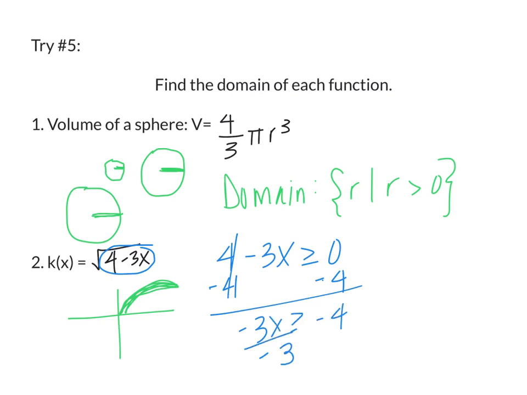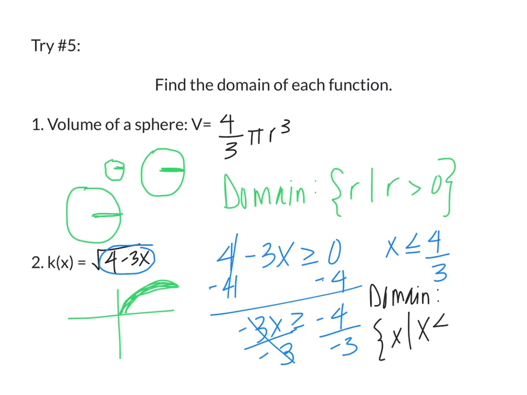If I divide by negative 3, just a reminder, when you divide by a negative in an inequality, it flips the sign. So really I have x is less than or equal to 4/3. So our domain, just switching colors so it can be better seen, is x such that x is less than or equal to 4/3.